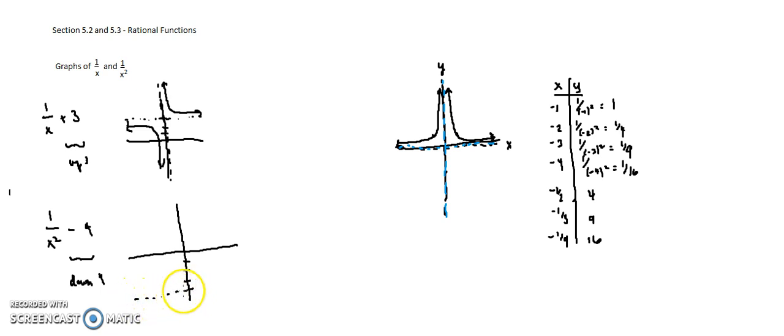So now our asymptote is down here. Our asymptote stays on the y-axis. And now we have the two L-shaped pieces, but remember they're side by side for 1 over x squared. This one is the 1 over x squared graph. So we're going to go like this on the positive side, as we did before, and then mirror image on the left-hand side. Okay, so there's 1 over x squared minus 4.